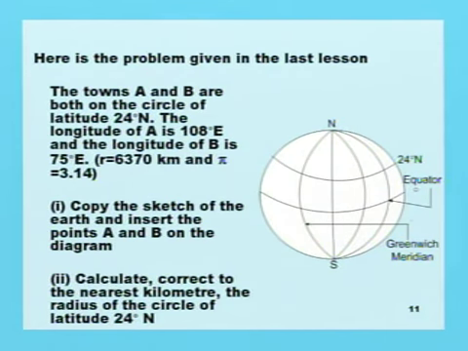R, the radius of the earth, is 6,370 kilometers and the value of pi is equal to 3.14. Copy the sketch of the earth and insert the points A and B on the diagram. The diagram is on the right. Part 2. Calculate correct to the nearest kilometer the radius of the circle of latitude at 24 degrees north.